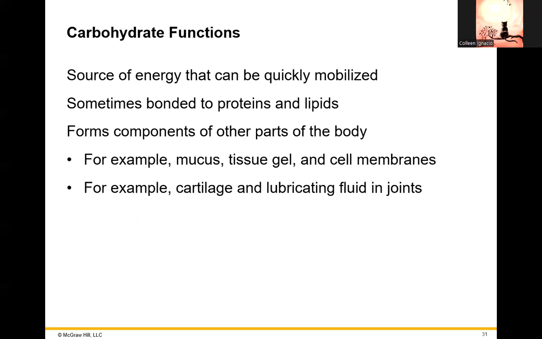Now, sometimes these carbohydrates can bond to proteins and lipids, and they form components of other parts of the body. For example, mucus, tissue gel, and cell membranes are all made up of components of carbohydrates. Cartilage and the lubricating fluid in joints, again, carbohydrates help with that.